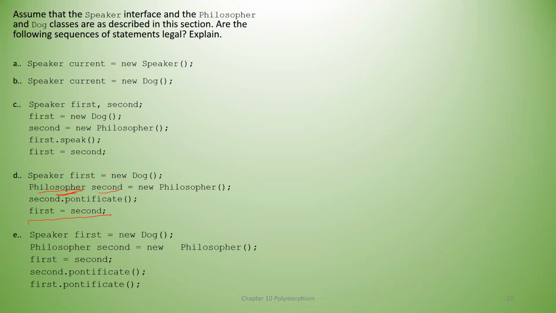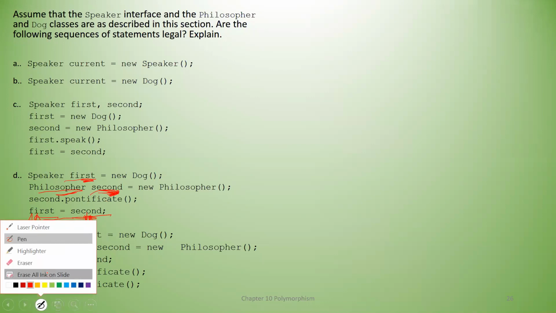You always ask yourself once again, is this one this? Is a philosopher a speaker? Yes, then it's okay. This is a speaker reference variable and this is a philosopher reference variable. So is a philosopher a speaker? Yes. So it's valid.